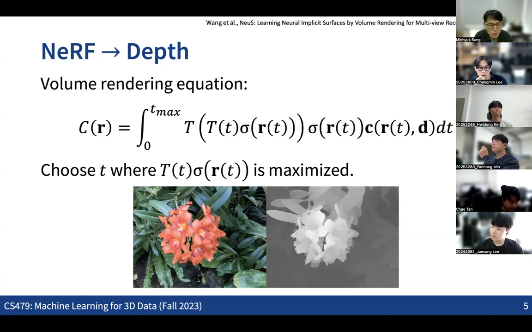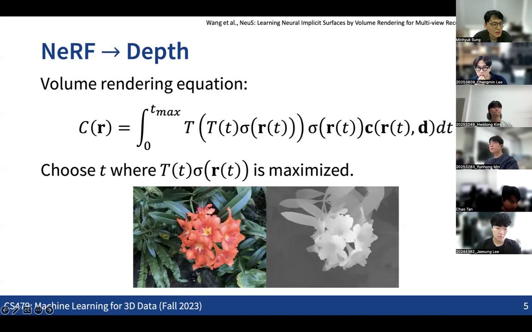And this information can also be used for some implicit representations. Obviously the quality may not be very good, because the NeRF was basically trained not to obtain the geometry, but just for rendering, right?